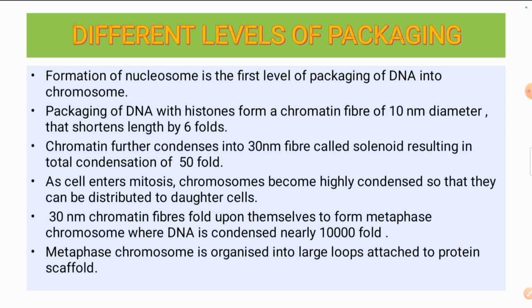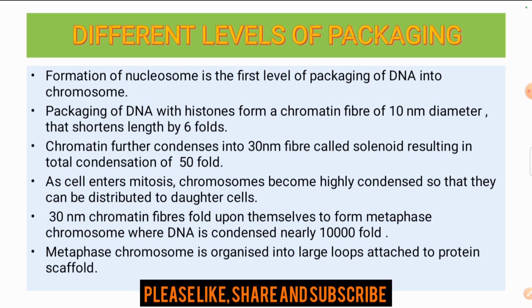Now, in the interphase, most of the chromatin, otherwise known as euchromatin, is in solenoid form, that is, in a 30 nanometer fiber condition. As the cell enters mitosis, the chromosomes become highly condensed so that they can be distributed to daughter cells.